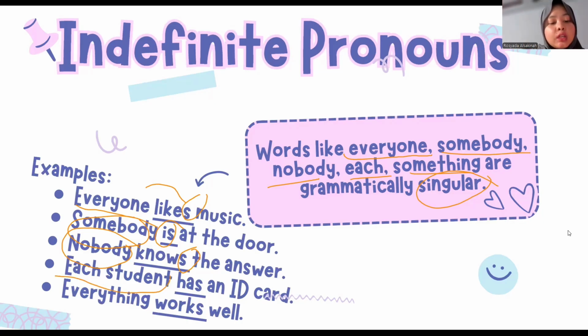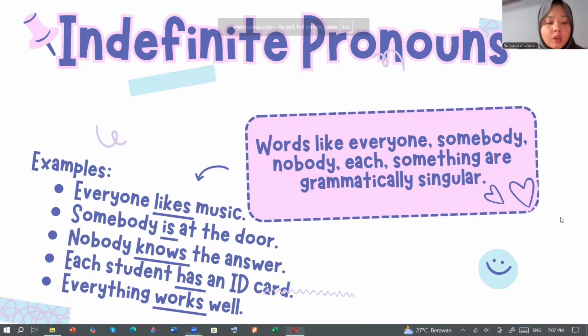Each student is also singular. And the last, everything works well. Everything is singular, so you should add an s to the verb. Even if the meaning sounds plural, the verb is still singular.